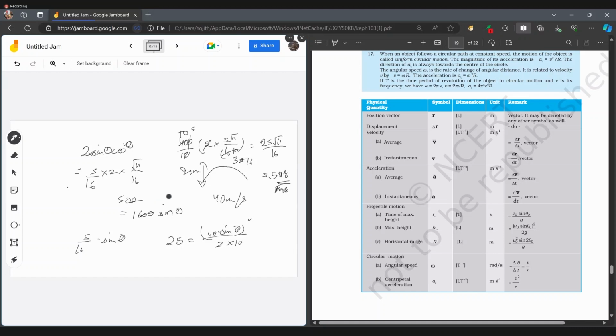Okay, so 100 is equal to v square sin 2 theta divided by g. Okay, I'll take g as 10 again. Okay, we'll be getting 1000 is equal to v square sin 2 theta.